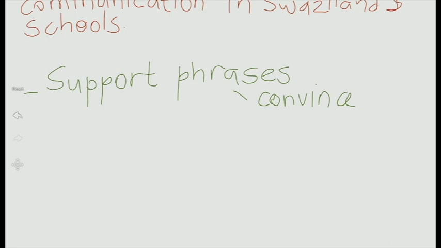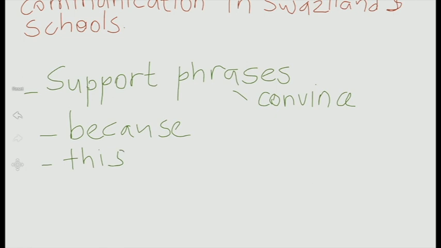All right, so when we talk about support phrases, we've got "so" because it's a support phrase, and then you can also have "this." Once you say this, it is because you've mentioned the fact that you feel that schools in Swaziland should communicate in English at all times.